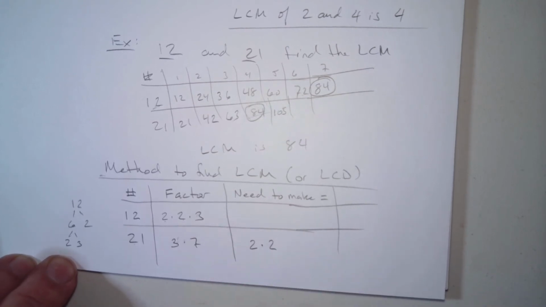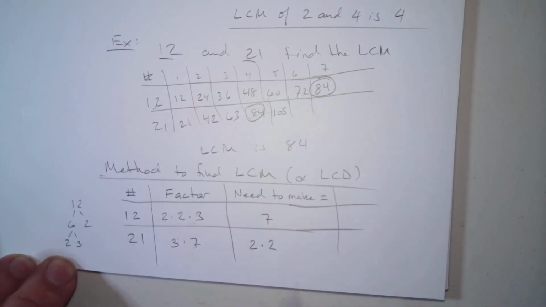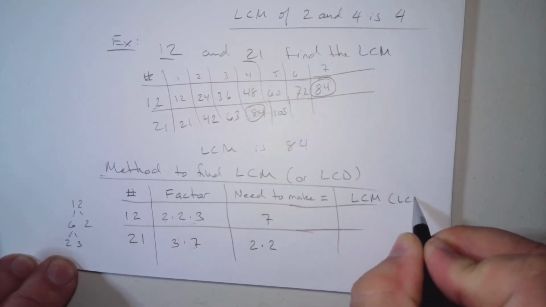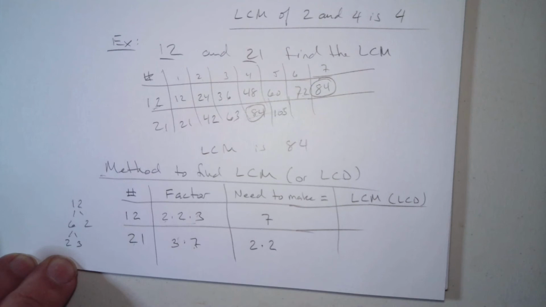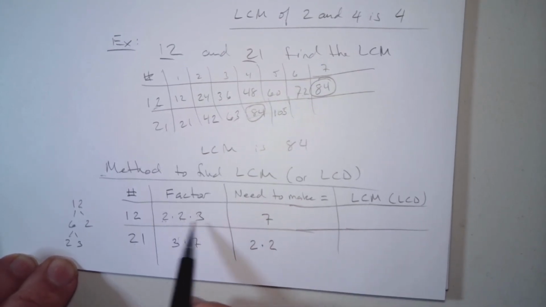They both have a 3. This one has a 7, this one needs a 7. So now, 2 2's, a 3 and a 7. 2 2's, a 3 and a 7.